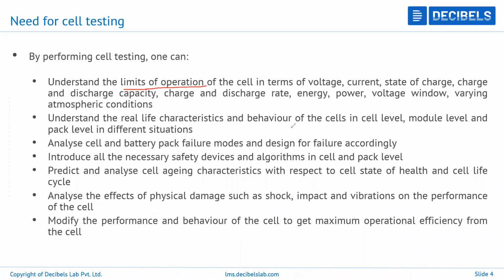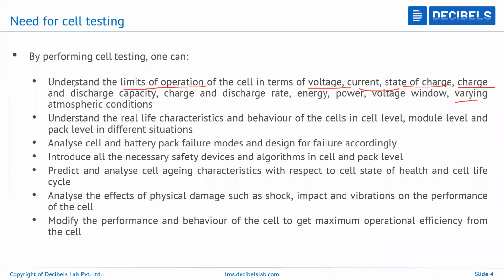Your limits of operation could be in terms of voltage, current, power, energy, capacity, state of charge, state of discharge, rate of charge, and also things such as temperature and varying atmospheric conditions. There could be even more things, but these are many of the commonly listed limits of operation.